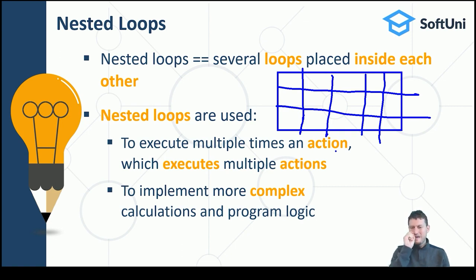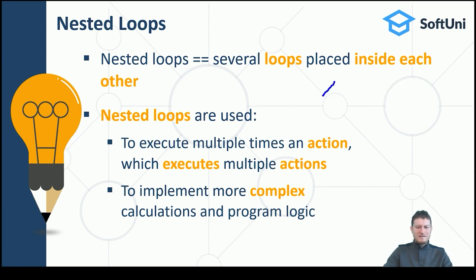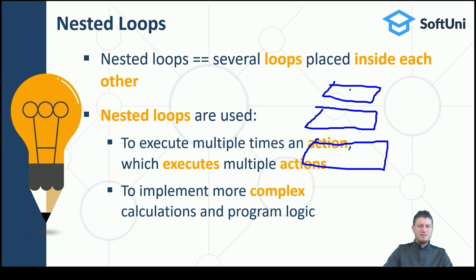If we have cubic data, something like this, a building of 3 floors, each holding many rooms, if we have multiple tables, in fact, we may need 3 nested loops.